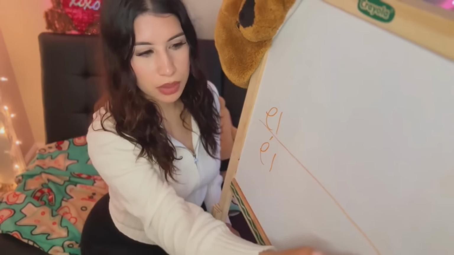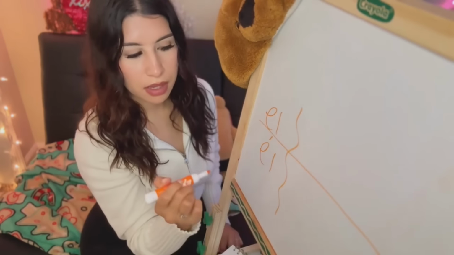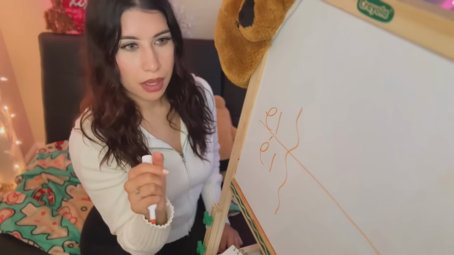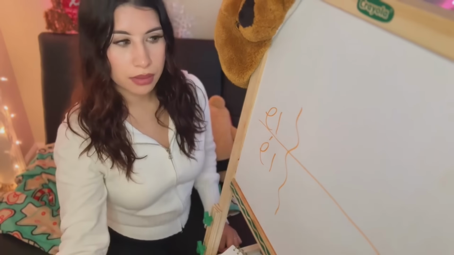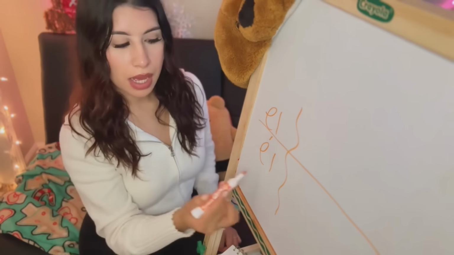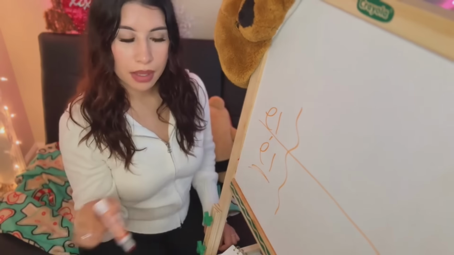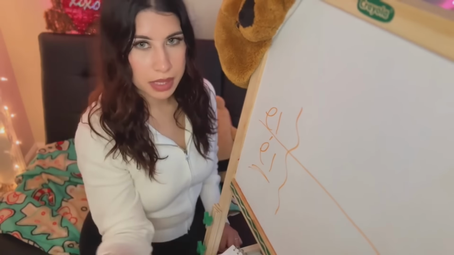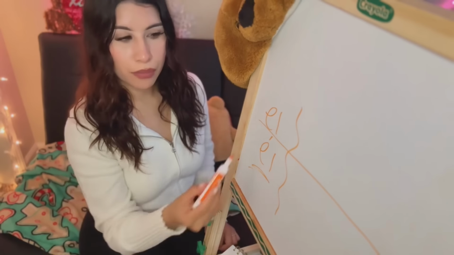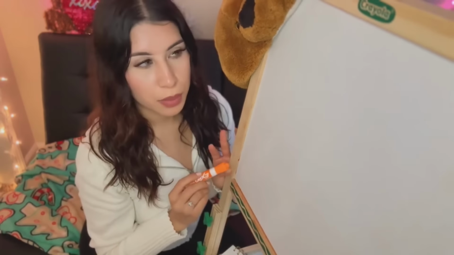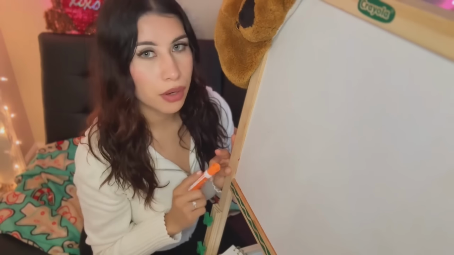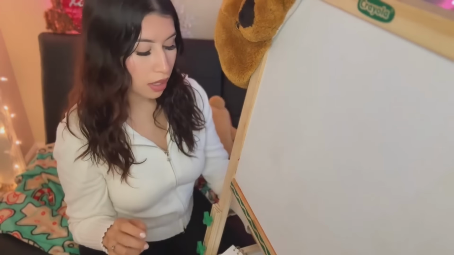El is like el lápiz, the pencil, and él is like him. So it went from the pencil to that's his pen. So make sure those accents are there. They are very important and they mean different things.